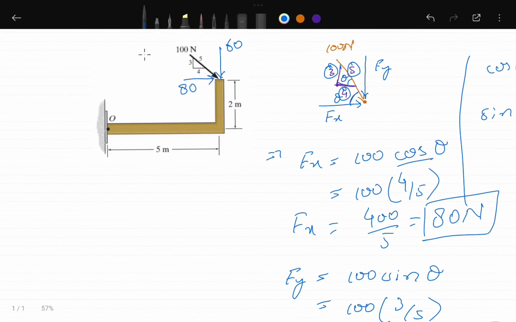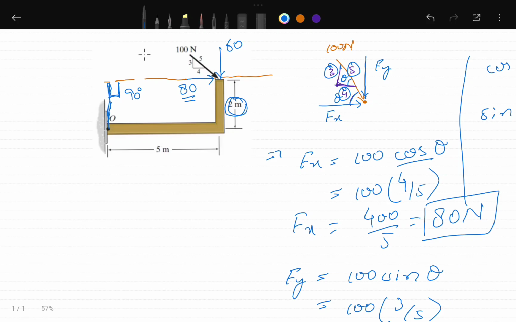Do we know the perpendicular distances now? Let's see. For the 80 Newton, if we make the line of action for the horizontal component like this, then your perpendicular distance will come out to be somewhere here. This is your perpendicular distance, 90-degree angle, and this distance is equal to 2 meters.